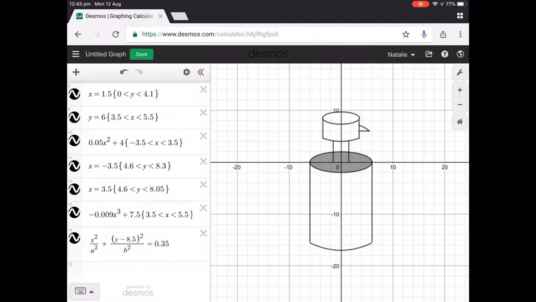I then added another line which was y equals 6, and I restricted it from 3.5 to 5.5 to act as the bottom part of where the soap comes out.